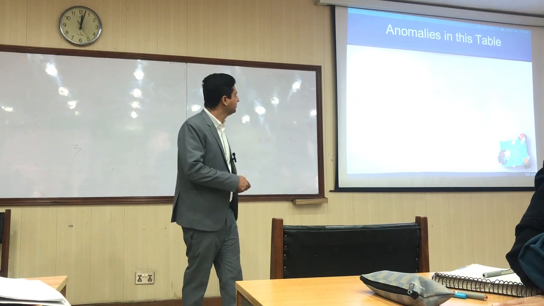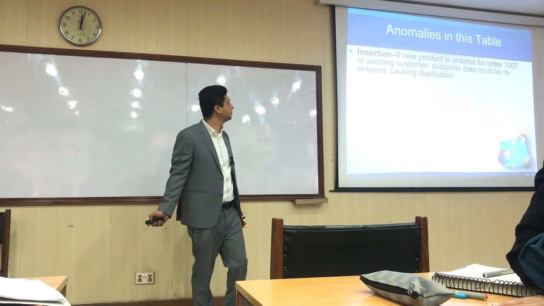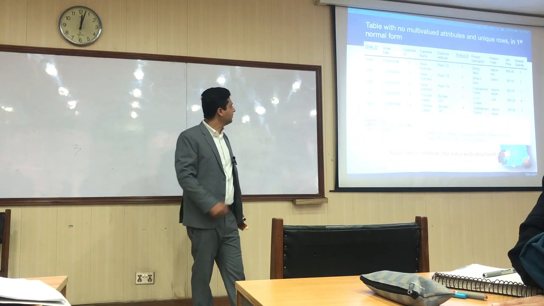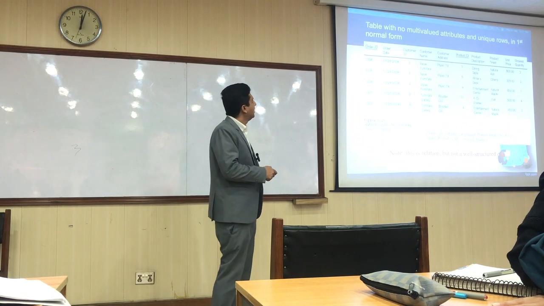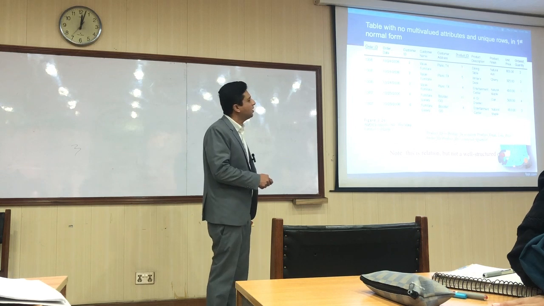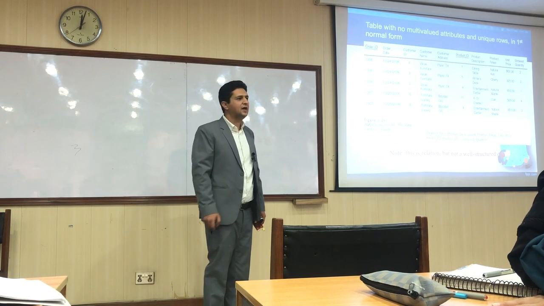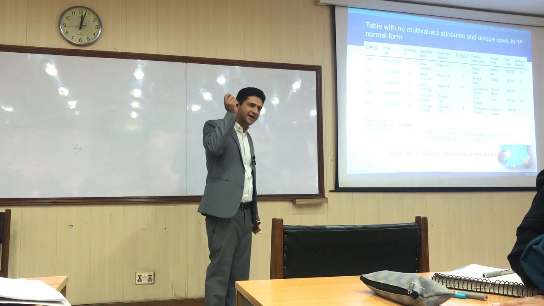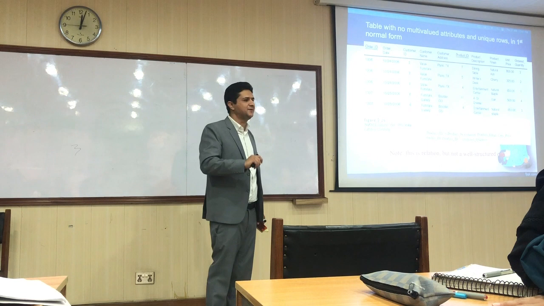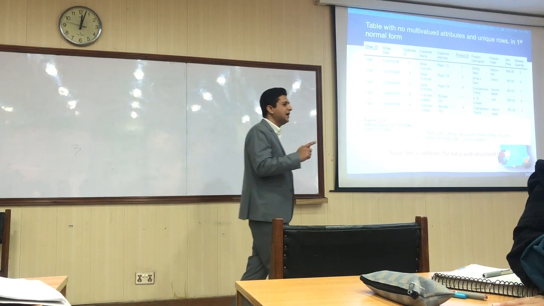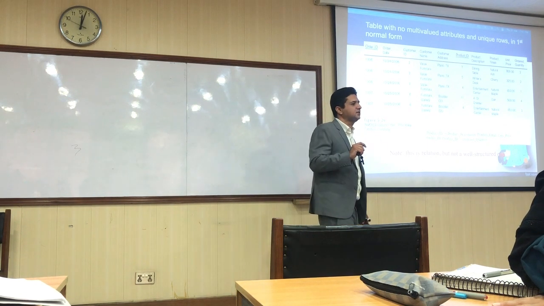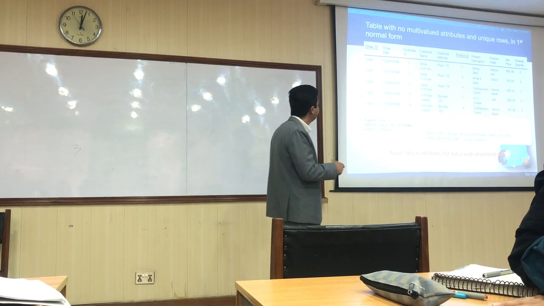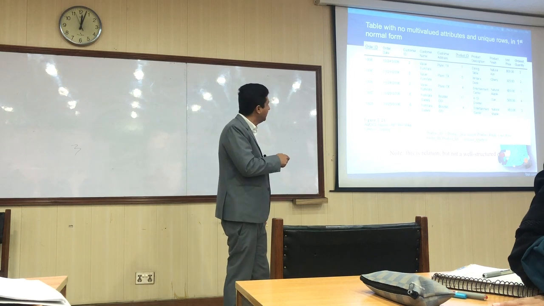Okay, let's see one by one all those anomalies that we have already discussed: insertion, updation and deletion anomaly. So if we look at this, for example, I just want to add a new product. I cannot add a new product unless and until that product is in an order related to a customer. So in order to add a product, I need to duplicate customer's data. For example, a new product has to be added with this customer which is already existing.